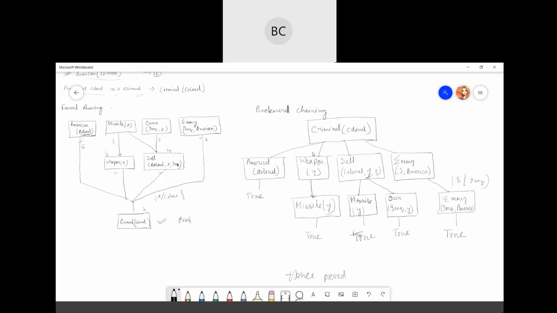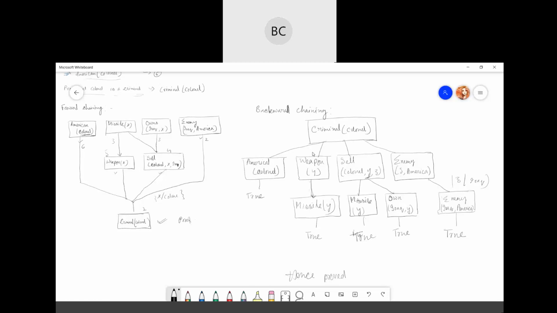Forward chaining can generate an infinite number of possible conclusions since we start from the available rules, so there can be lots of conclusions. But in backward chaining, since we always start from the goal, it will generate only a finite number of possible conclusions. In forward chaining, there can be so many possible conclusions.